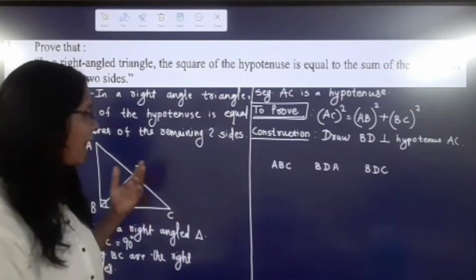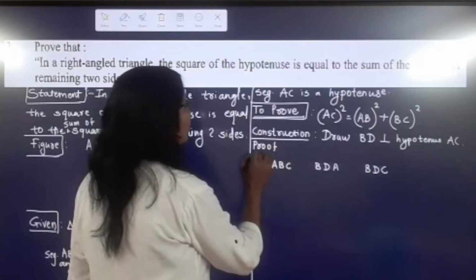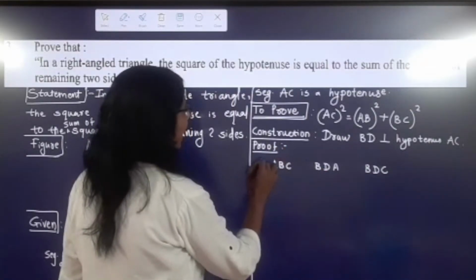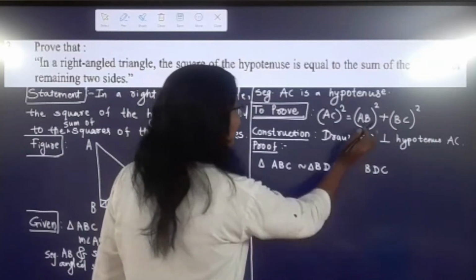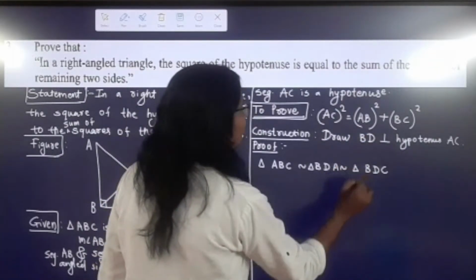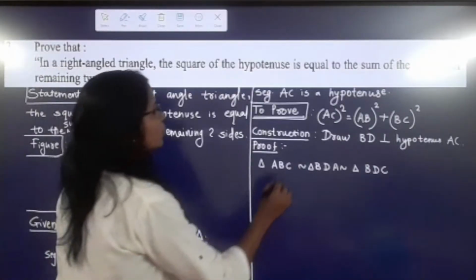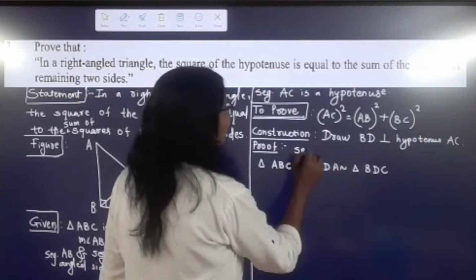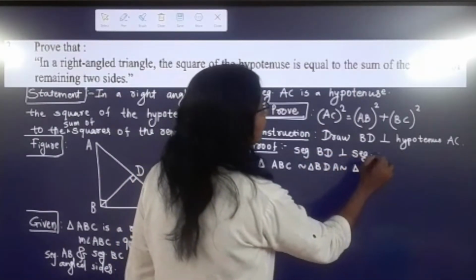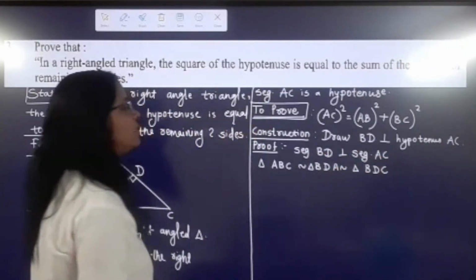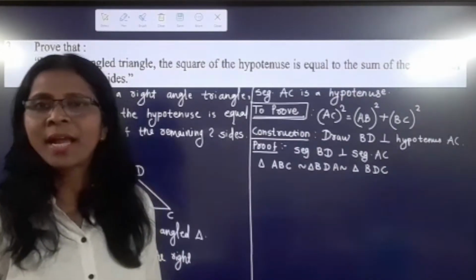In the proof we start from this: because of the construction, segment BD is perpendicular to segment AC, so triangle ABC is similar to triangle BDA, which is similar to triangle BDC.